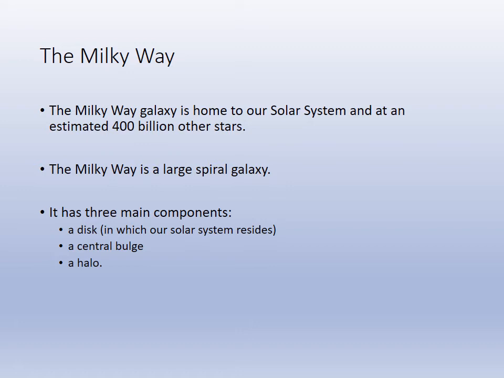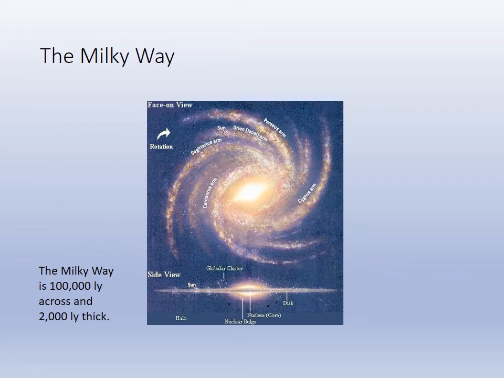The Milky Way, that's our galaxy, is a large spiral, 400 billion other stars, and then our sun. So we have a lot of stars in the Milky Way. We can only base how it looks on evidence of other stars moving and nearby galaxies, because we've never really left the Milky Way and looked back on it.